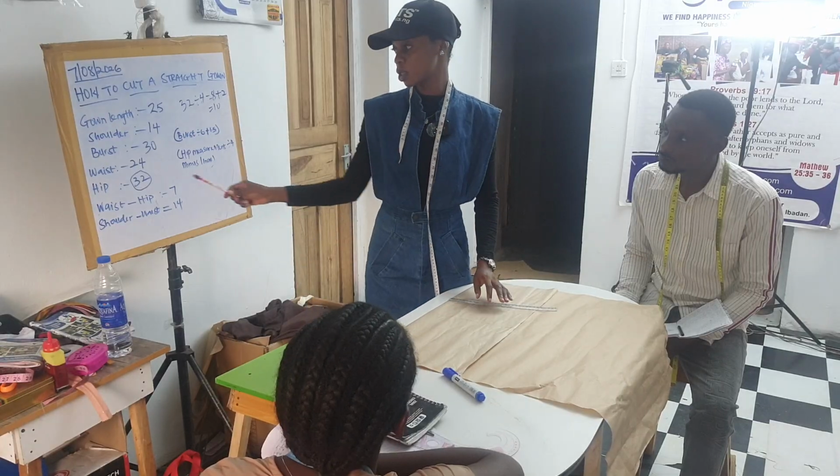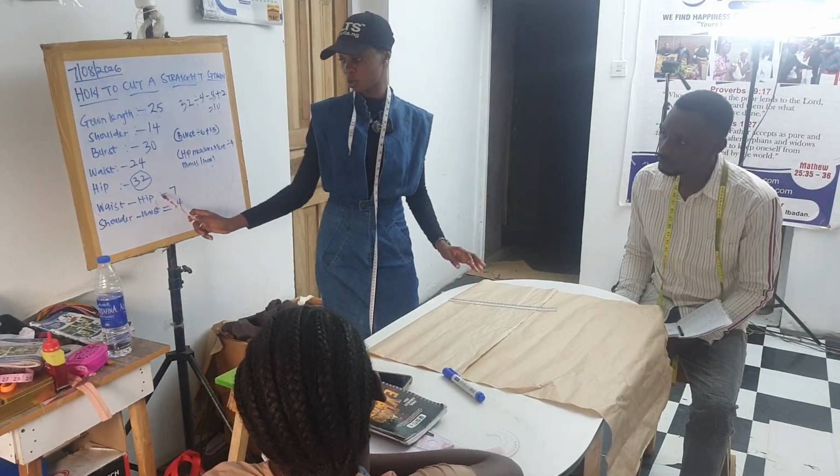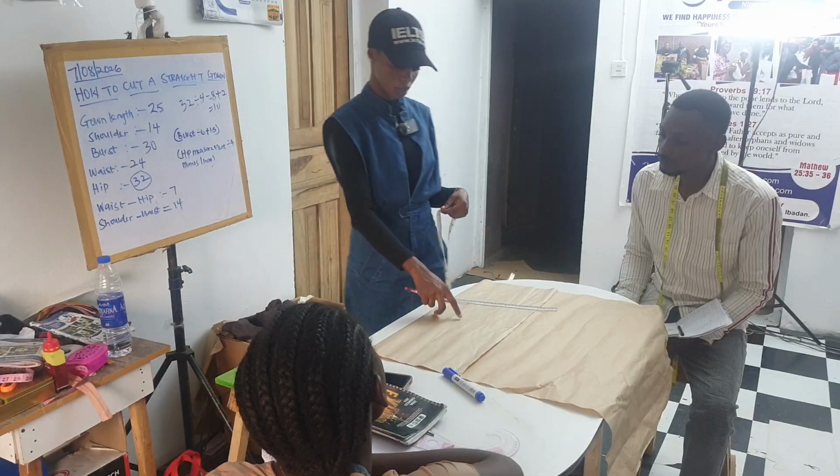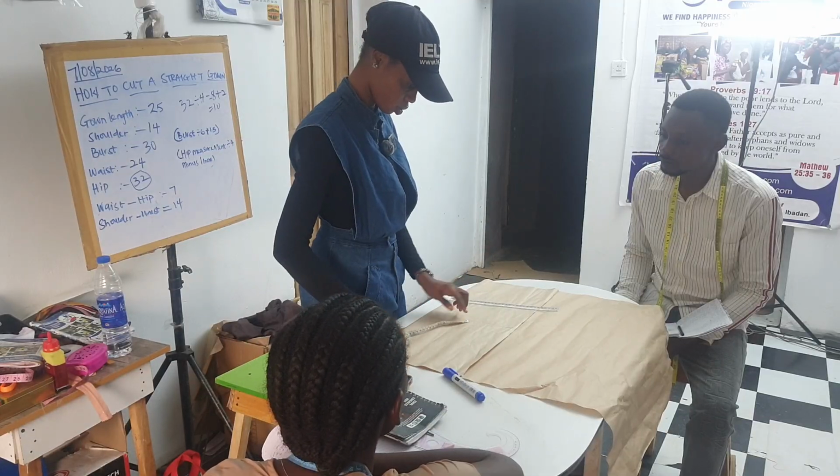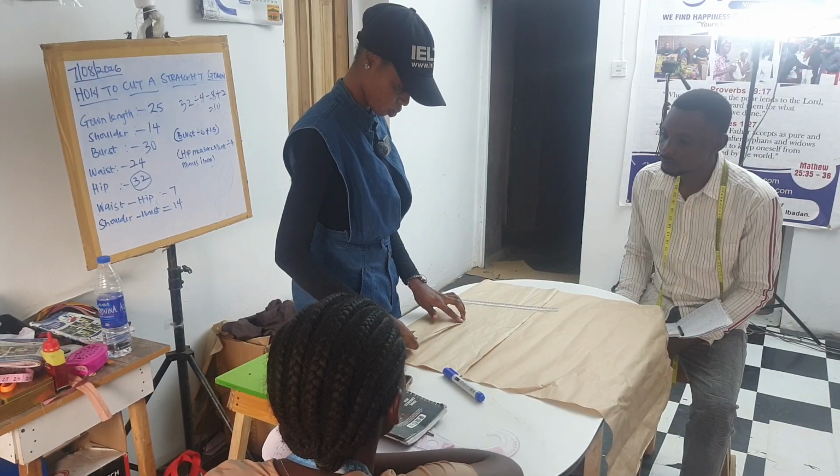And the distance between our waist and our hip, that's waist to hip, is 7. So from the waist, you want to measure your hip, which is 7.